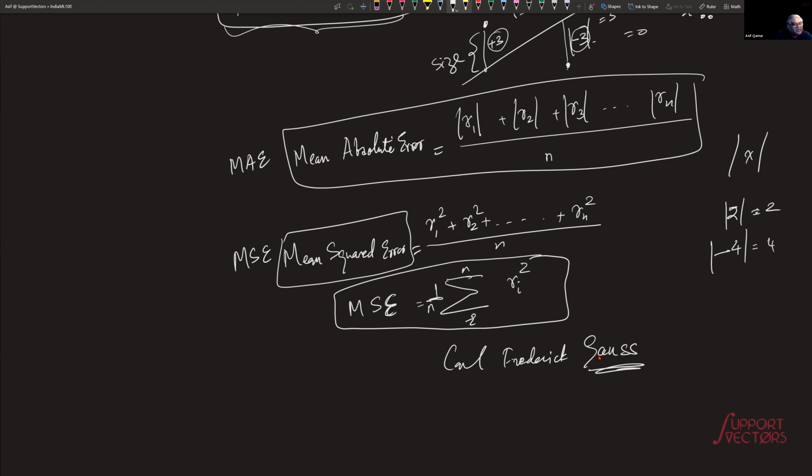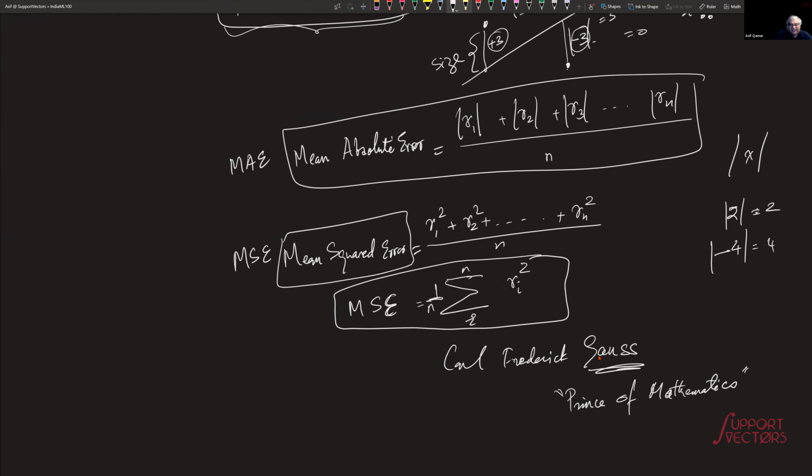In the world of mathematics, he's called the Prince of Mathematics. A tremendous prodigy, somewhat like Ramanujan, but in a different area. Ramanujan was in number theory, and Gauss was in continuous math and calculus and things like that. So he made monumental contributions to many fields of mathematics.